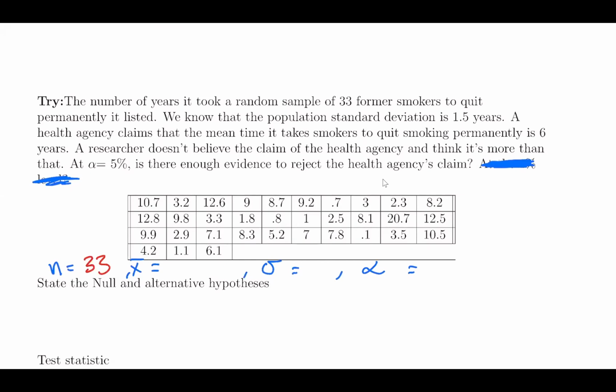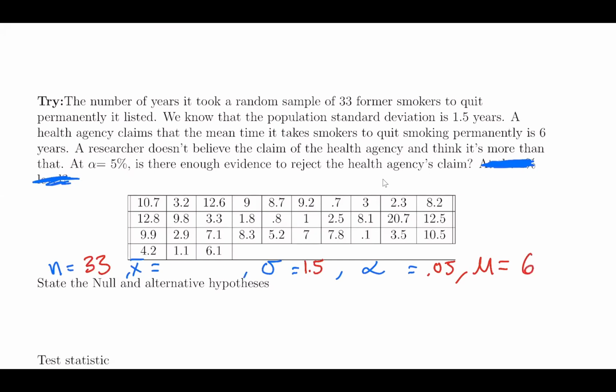What about population standard deviation? 1.5, perfect. What's my alpha? That's 0.05. What are they claiming is the population mean time it takes somebody to quit smoking? Is it 6? Yeah, 6, perfect.